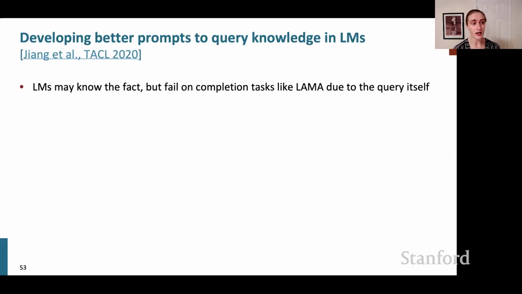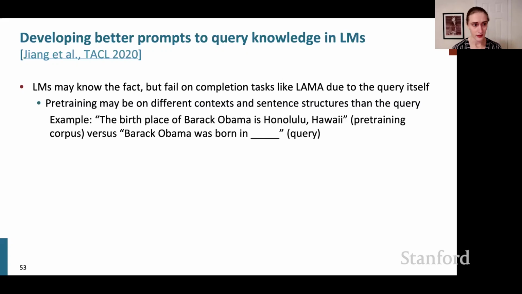The next piece of work we'll talk about is actually getting at this issue that the phrasing of the prompt might actually trigger different responses from the language model. So the language model might know the fact, but it might fail on the task due to the phrasing. One reason this might happen is that the pre-training is on different contexts and sentence structures than the query.